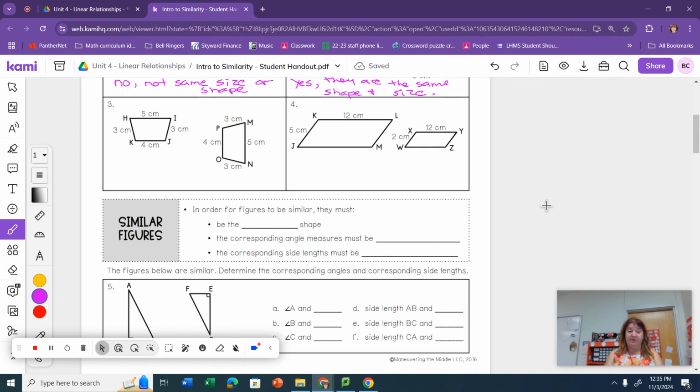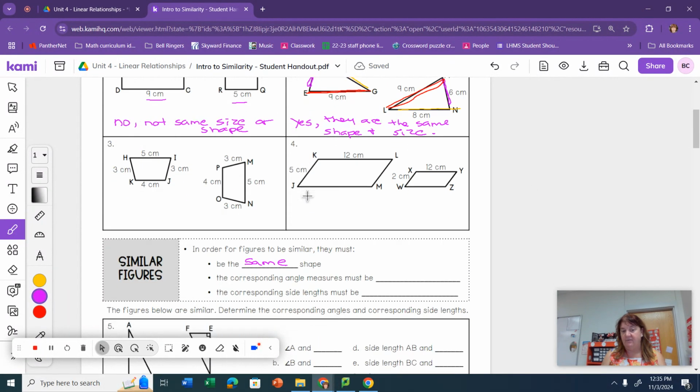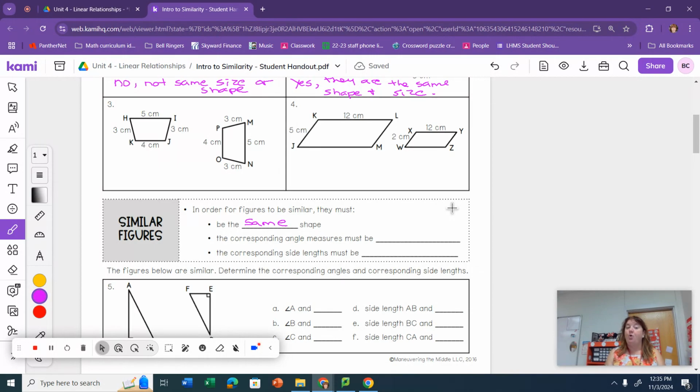Okay, now let's talk about similar shapes. In order for figures to be similar, they must be the same shape. Okay, so you can't have like what you had up here. You can't have a rectangle and a triangle. Same shape. The corresponding angles, that means in the same place, measures must be equal, or as we just learned, congruent.